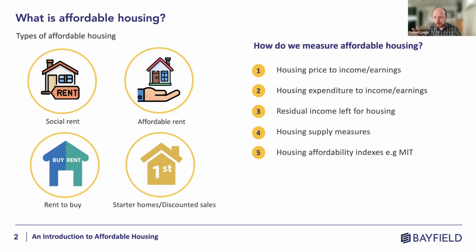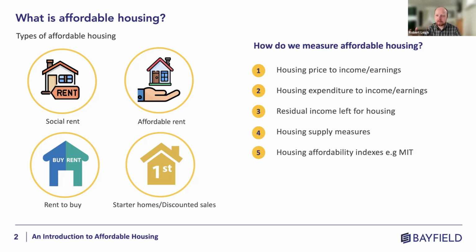People often get confused between social rent and affordable rent, and they are different. The reason why is that affordable rent is based on the private market rental value of that building. Social rent is based on the house characteristics, whereas affordable rent is going to be based on the private market rent, and often it's stipulated at 80%.